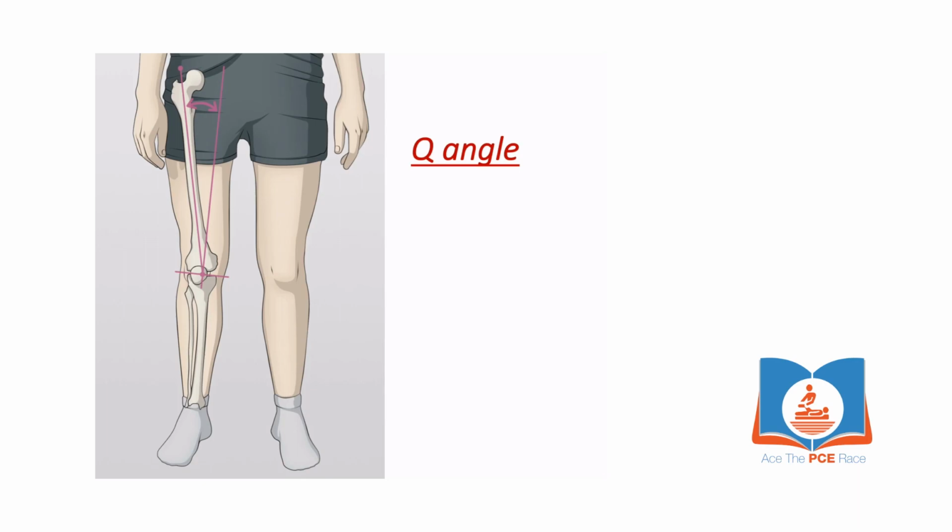Therefore, any factor that increases the Q angle can increase the forces on the lateral aspect of the knee, and if these forces increase significantly, it could result in lateral displacement of the patella.